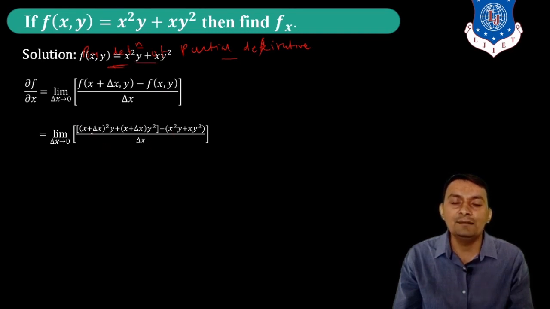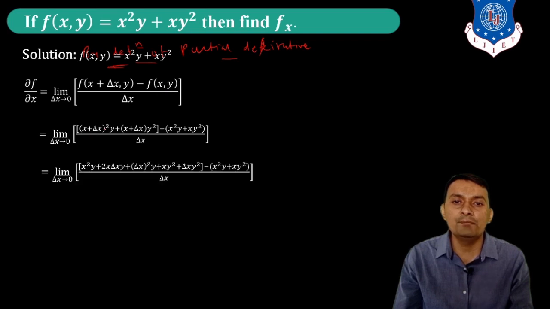But again, after simplifying, we need to apply a plus b whole square, that is a square plus 2ab plus b square. So I'm going to get this. Whenever I observe, x square y will be eliminated. The other term is x y, so this is plus the quantity, and minus will be multiplied inside, so it will be plus, and that is going to be cancelled out.